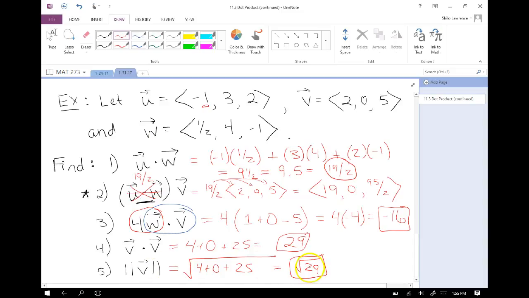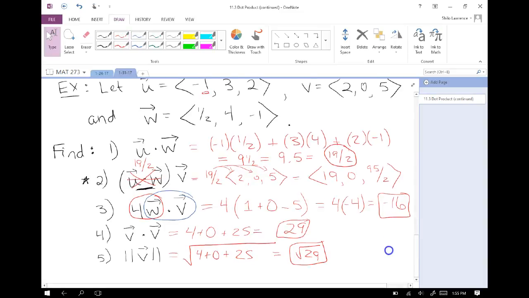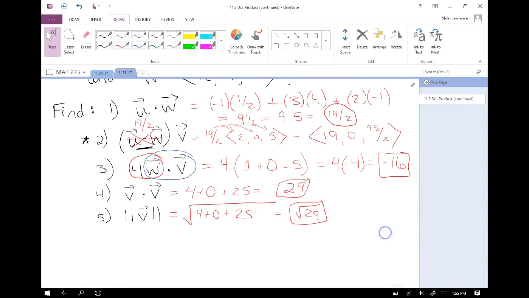Because if you square the magnitude, it's going to cancel the square root off, which is exactly what we have in 4. Same exact number, but without the square root. So just some different algebraic things we can do with dot product.